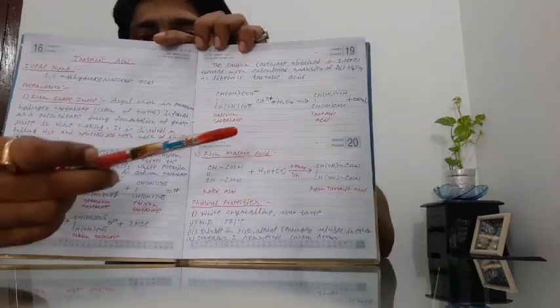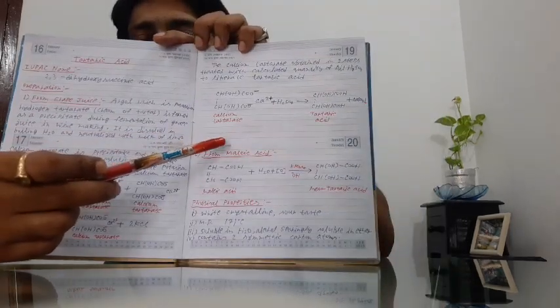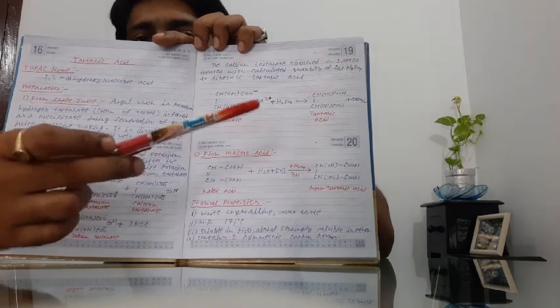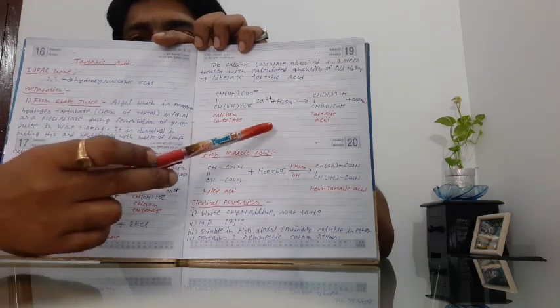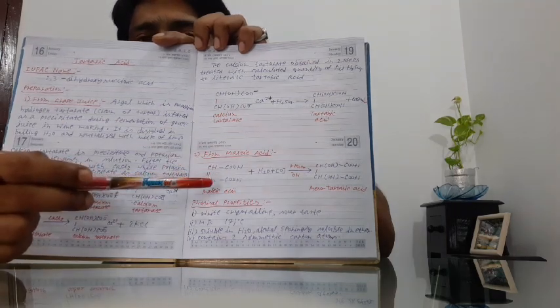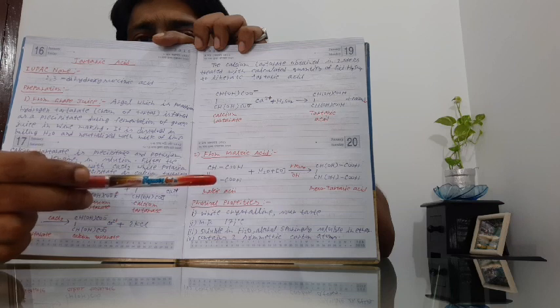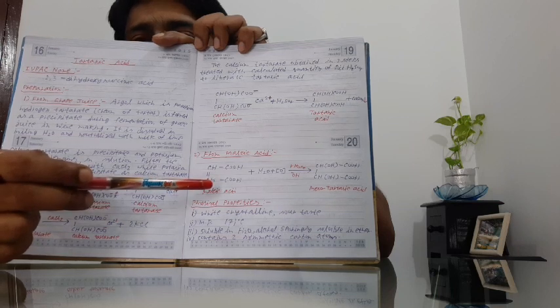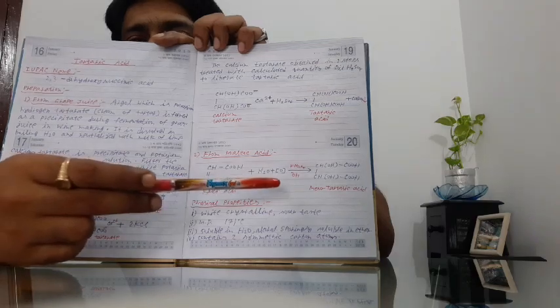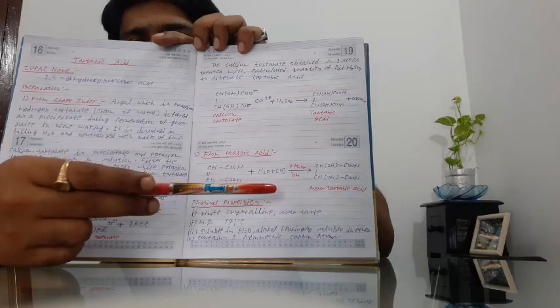In the next step, calcium tartrate reacts with dilute sulfuric acid and is converted to the final desired product, tartaric acid. And the second method of preparation is where malic acid reacts with alkaline potassium permanganate solution and is finally converted to mesotartaric acid.